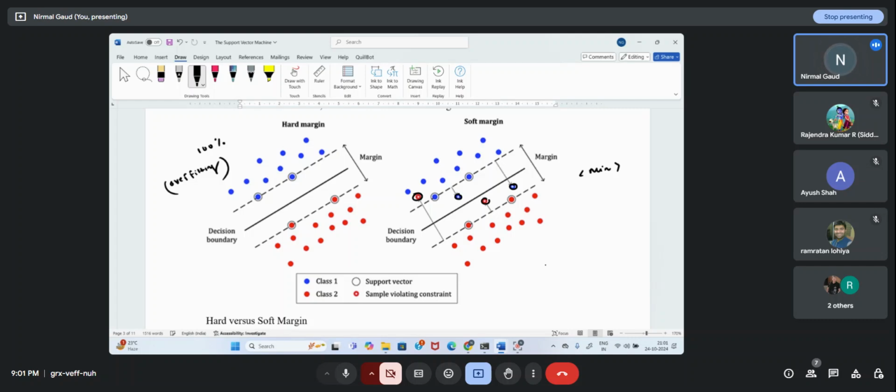Misclassification. This is also misclassification. So this is a scenario which is mostly present in the data. We have to make a margin, we have to make a decision boundary, but we have to tolerate some mistakes. Not much.